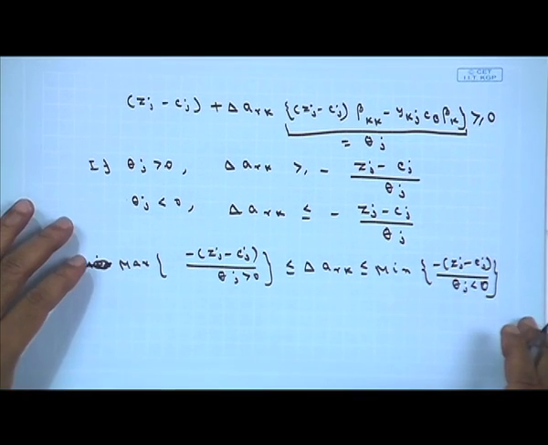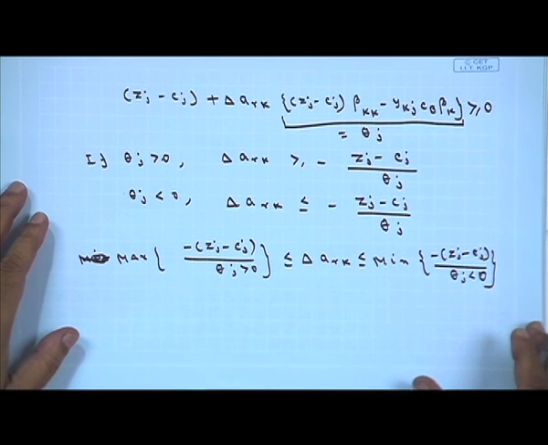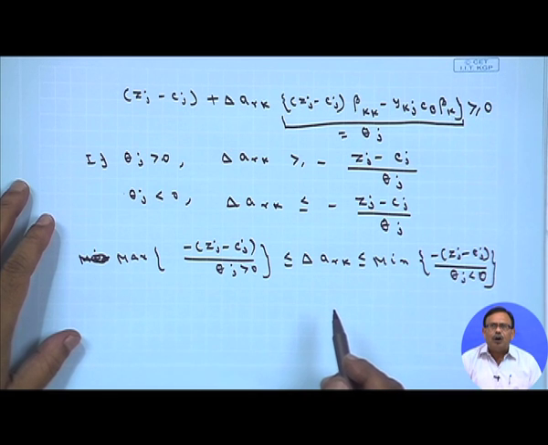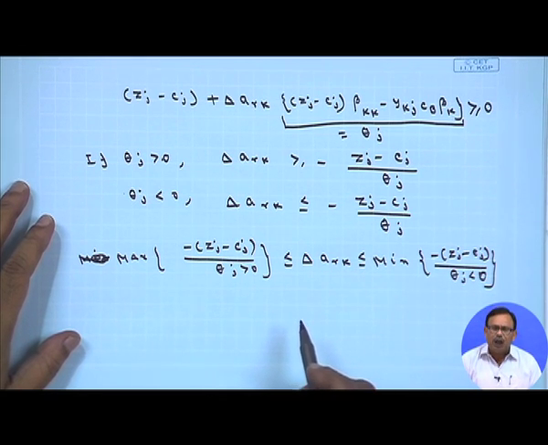Therefore, to maintain optimality, if the variation in the coefficient matrix A lies in the given range, then the old solution will remain unchanged. Basically, what we have seen is that if there is a variation in the coefficient matrix A, the feasibility and the optimality may change.